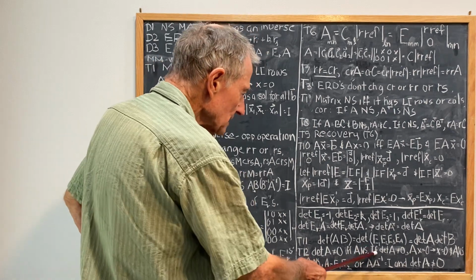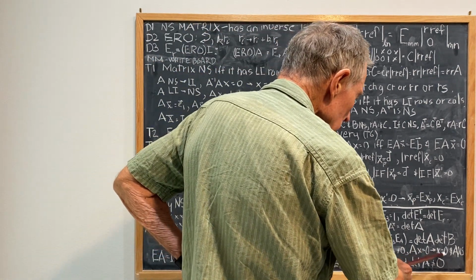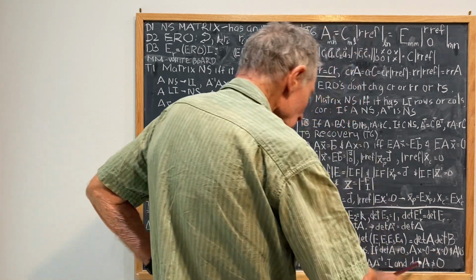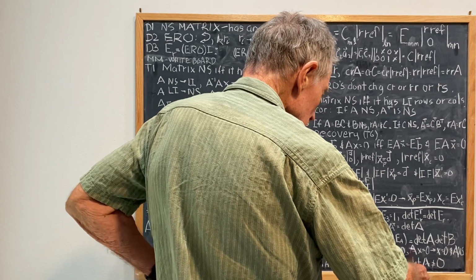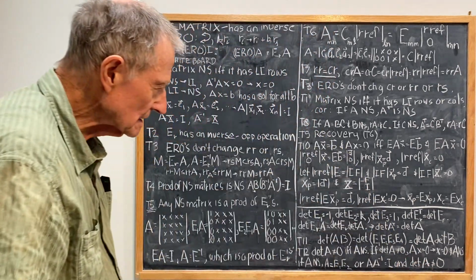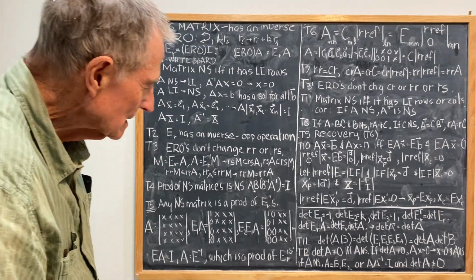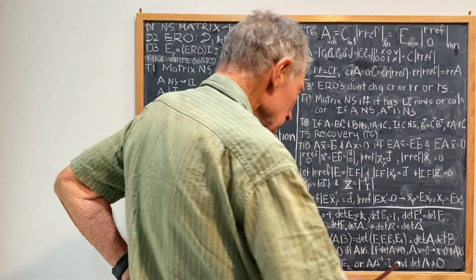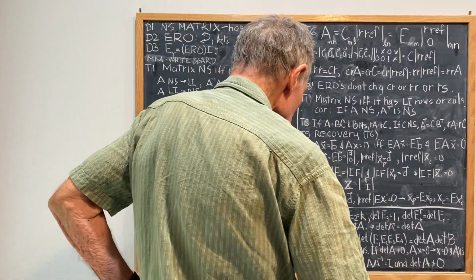Now, if the determinant of A is not equal to 0, AX equals 0 has the only solution x equals 0, which means that the columns of A are linearly independent, or A is non-singular.